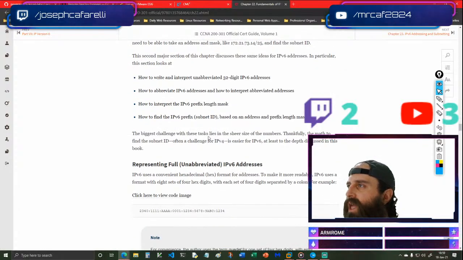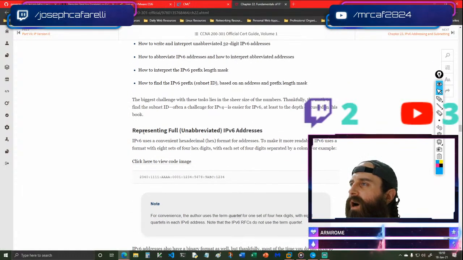The biggest challenge with these tasks lies in the sheer size of the numbers. Thankfully, the math to find a subnet ID, often a challenge for IPv4, is easier for IPv6, at least to the depth discussed in this book.